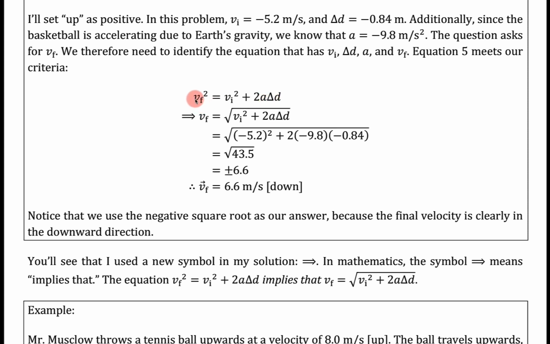Now I want to solve for VF in equation 5. That's pretty straightforward. All I need to do is just square root both sides. So if I square root both sides, I get this equation. And so I can plug in our values, and we get an answer of 6.6 meters per second down.